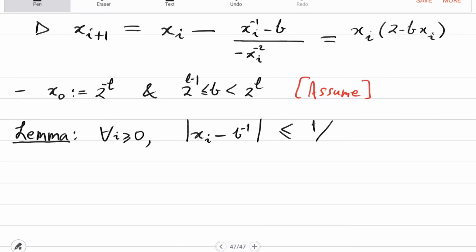We will show this. That it is not just 2 to the minus i, it is actually 2 raised to minus 2 raised to i. Okay, this is what I meant when I said that Newton iteration actually converges exponentially faster than you want.